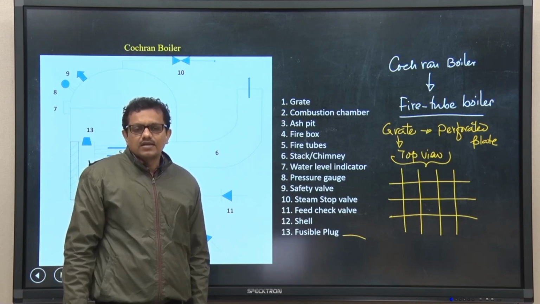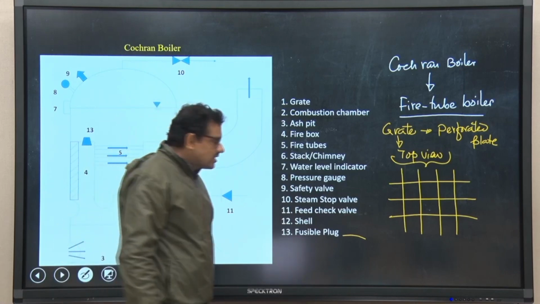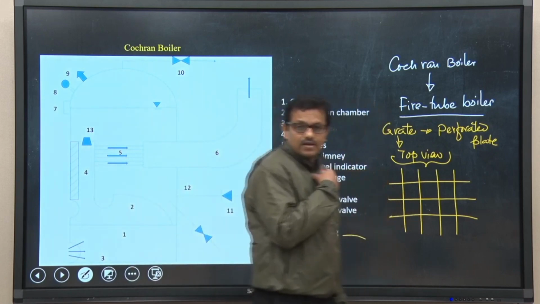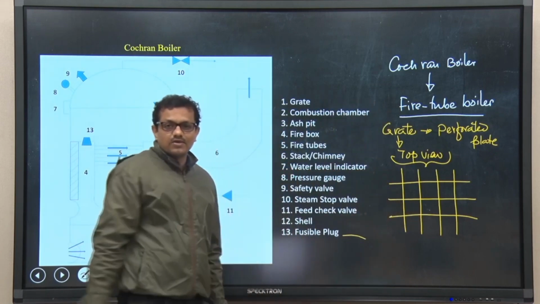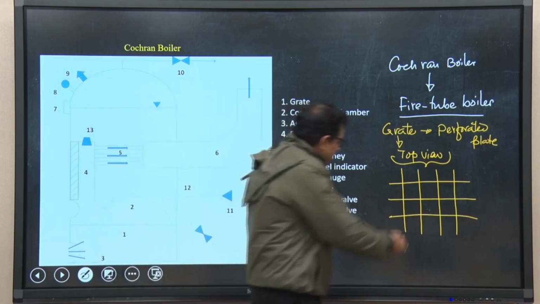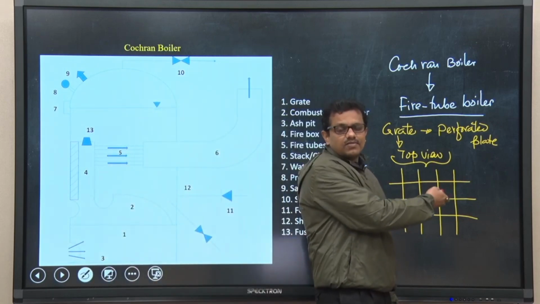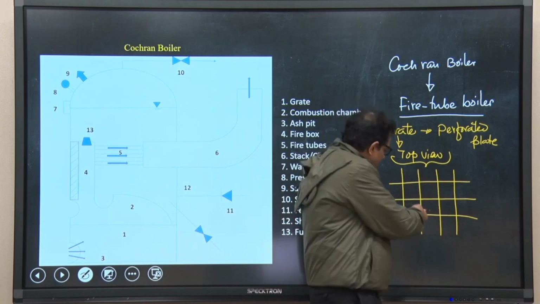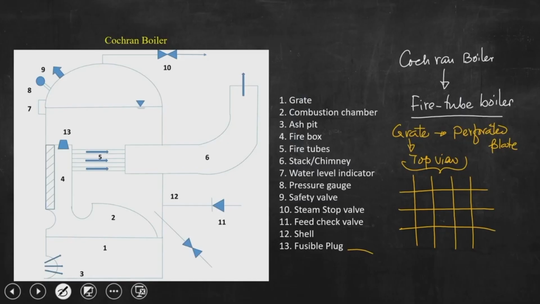Only to make sure that a sufficient amount of oxygen is available during the entire combustion process, the plate on which coal is taken for the combustion is perforated. The air will come from the small holes in the plate. I hope you have understood the objective behind this perforation.